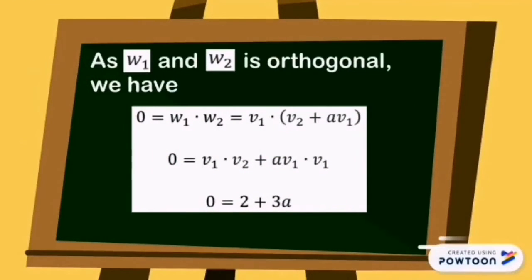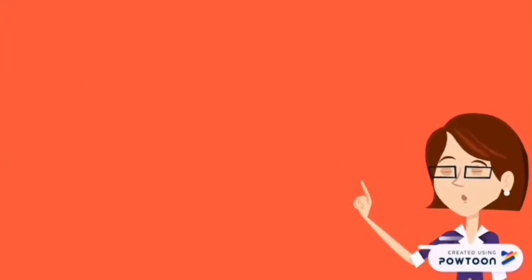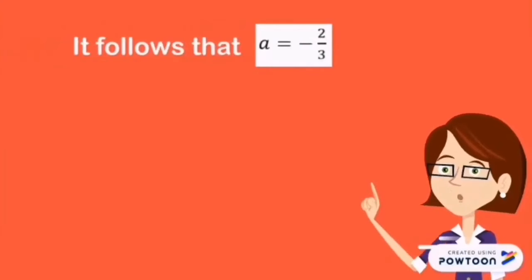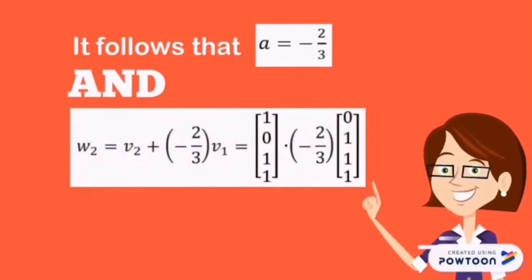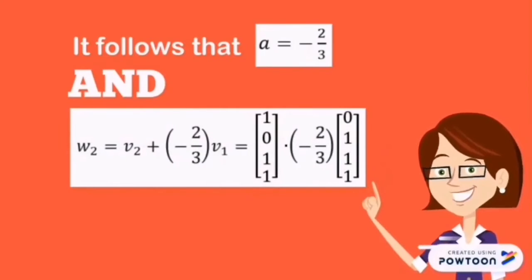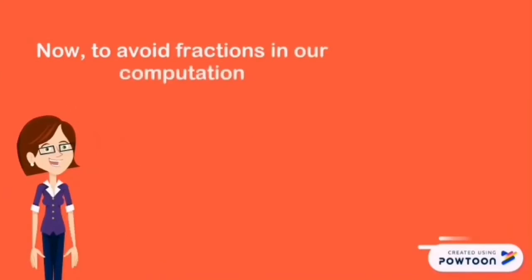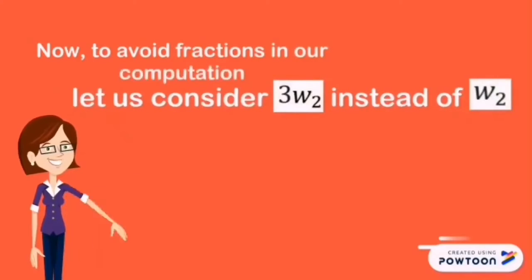And that's why we get 0 equals 2 plus 3A. By making A the subject, it follows that A equals -2/3, and we can substitute A into the equation of W2. Now, to avoid fractions in our computation, let us consider 3W2 instead of W2.